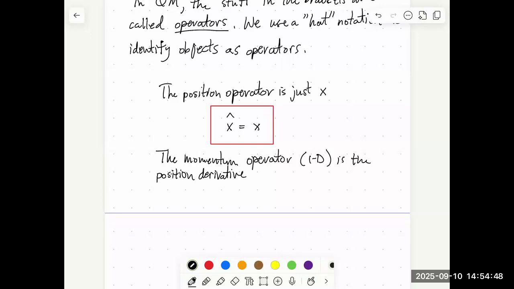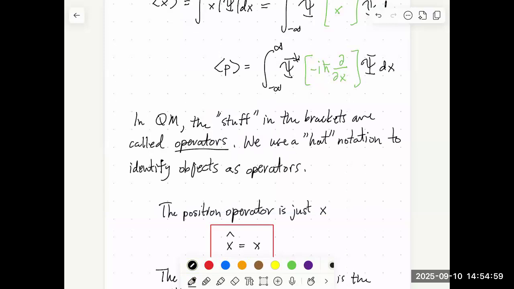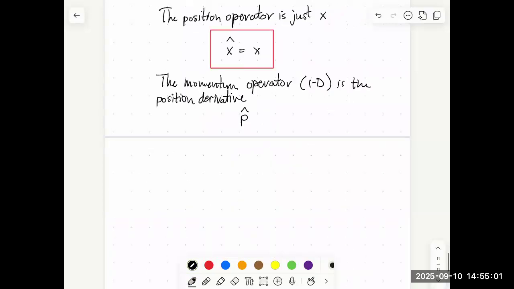The way we would write that down is the momentum operator, I'll write that as p hat. And it's just everything in these green brackets. It's minus i h bar d by dx.